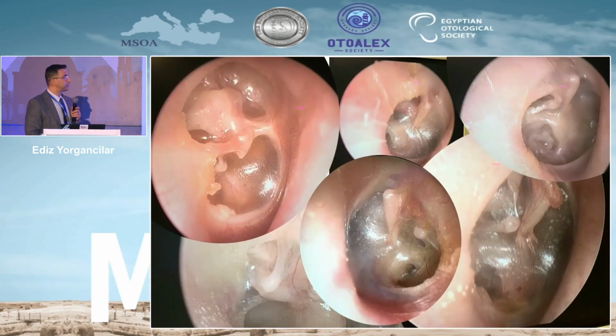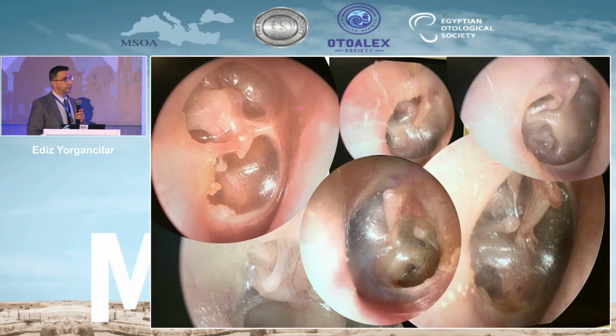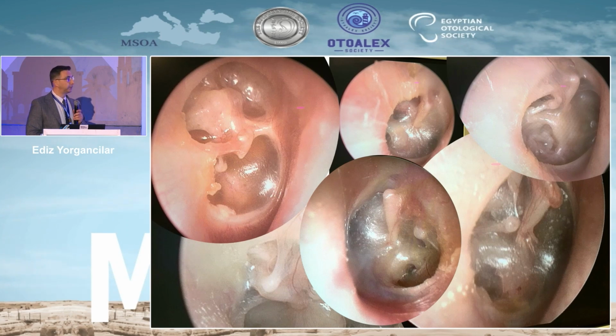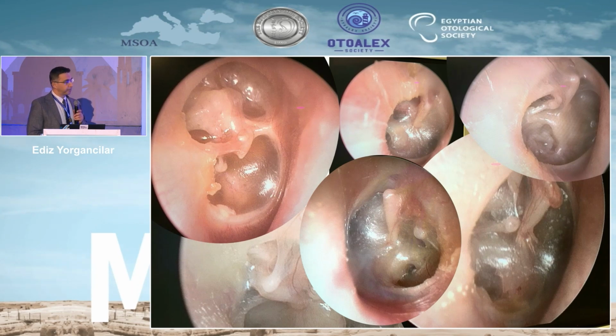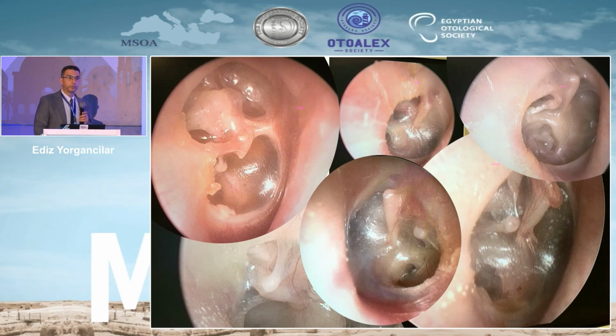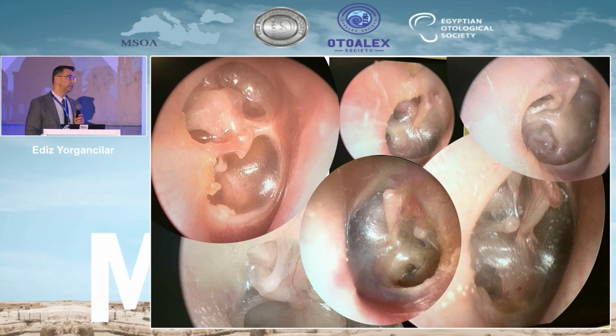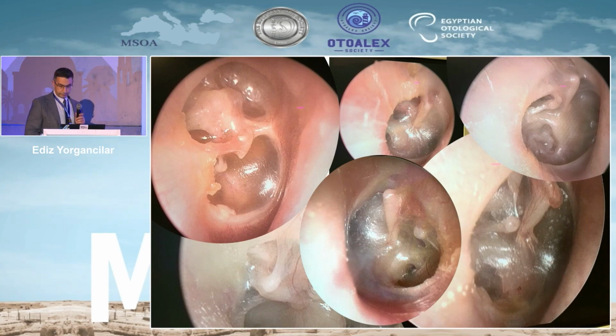Retraction pockets, as everybody knows, are a pathologic invagination of the tympanic membrane into the middle ear cavity, and considering the potential progression to cholesteatoma, current diagnosis and surgical management are crucial in this case.